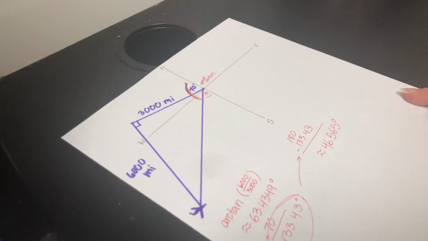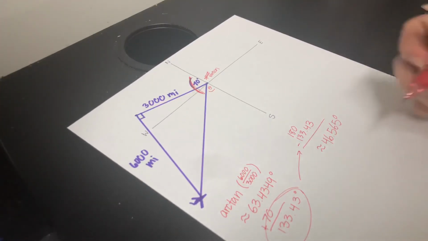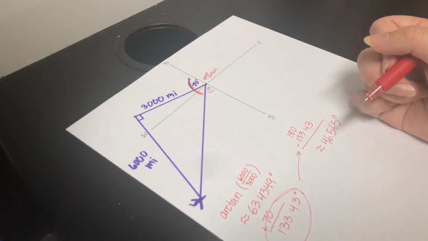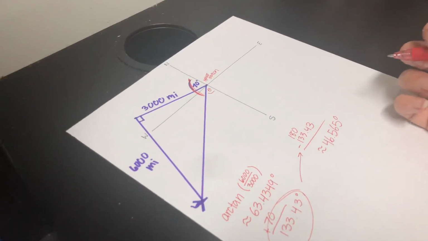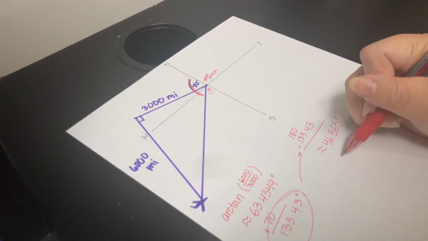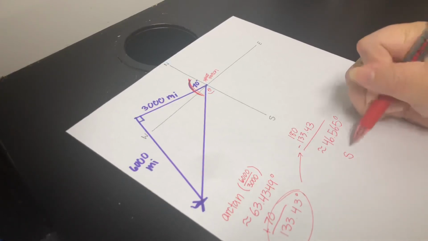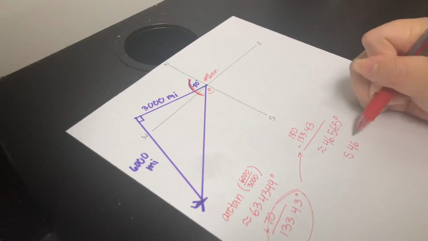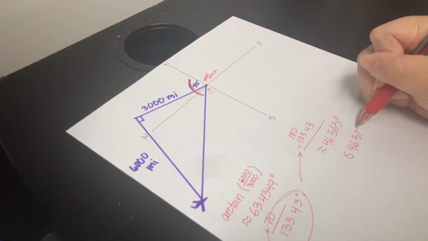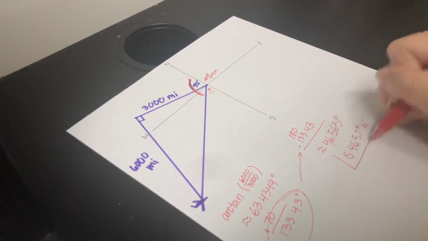And then if we write that in context of the problem, we can say that the SS Enterprise, in order to find it from the space station, would have to go south 46.57 degrees west. And then that is our answer.